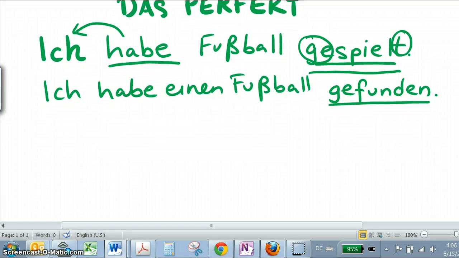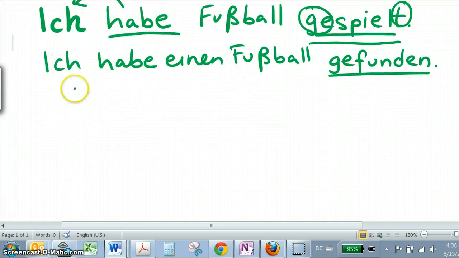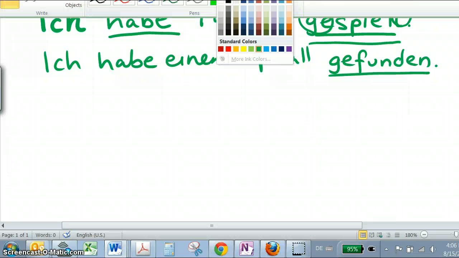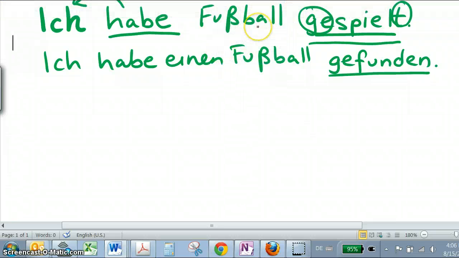This is an example of a haben verb. We're going to move on to a sein verb, so I'll change colors quickly. Now, sein verbs don't occur as often, but there happen to be some very common verbs that are sein verbs, and therefore you see this a lot.